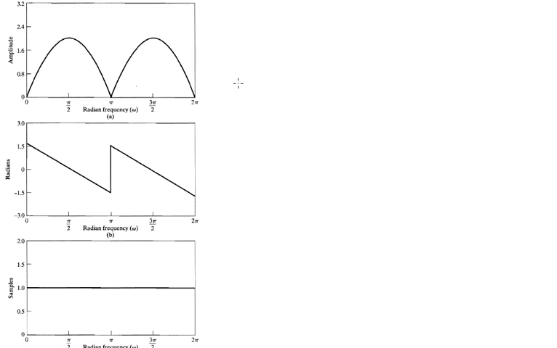Here the magnitude, phase and group delay are plotted for a system whose function is given as j2 sine of omega into e raised to power minus j omega.